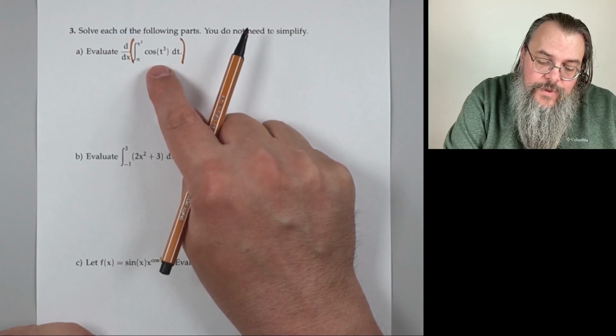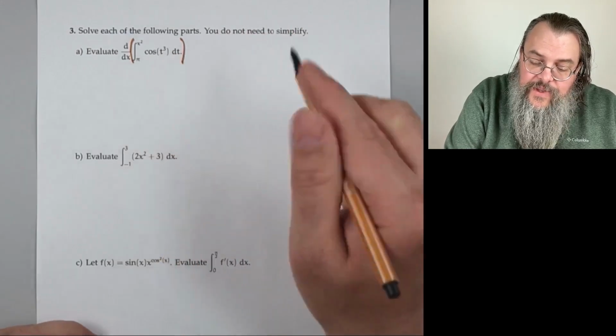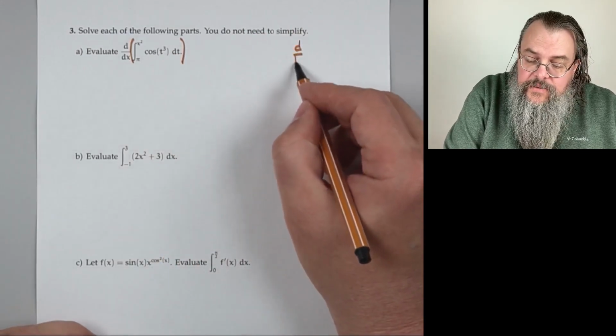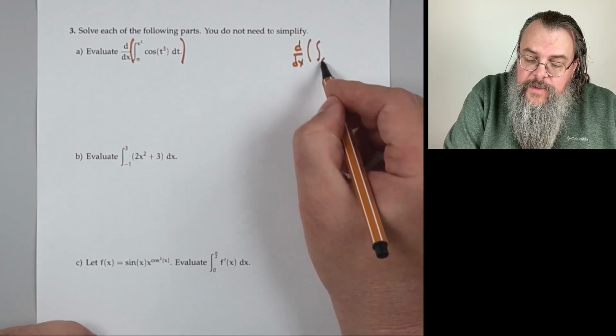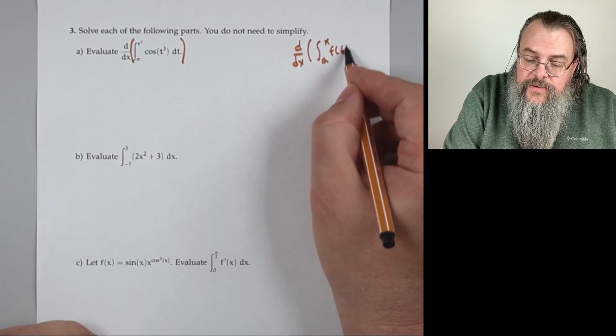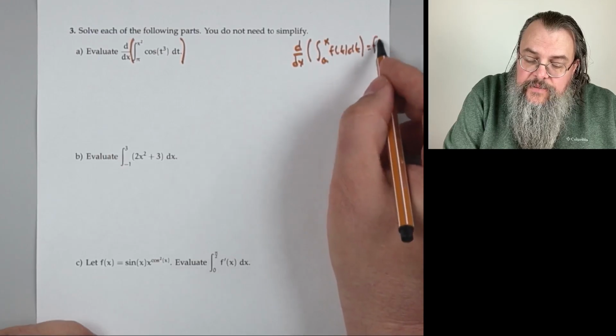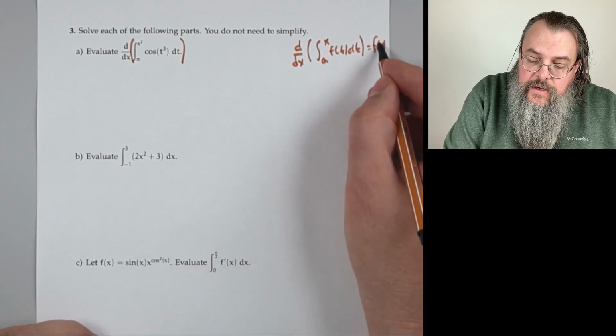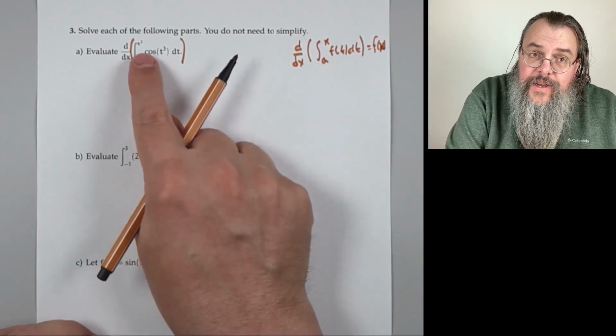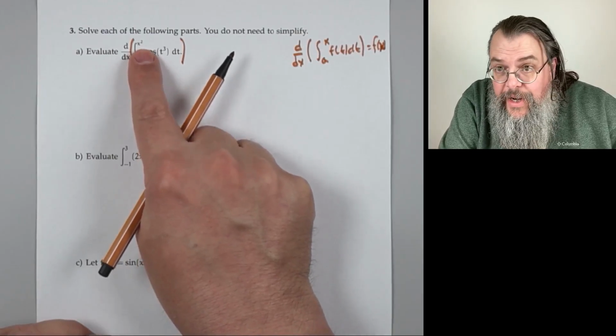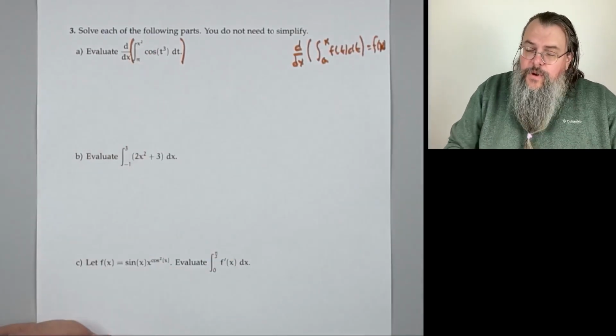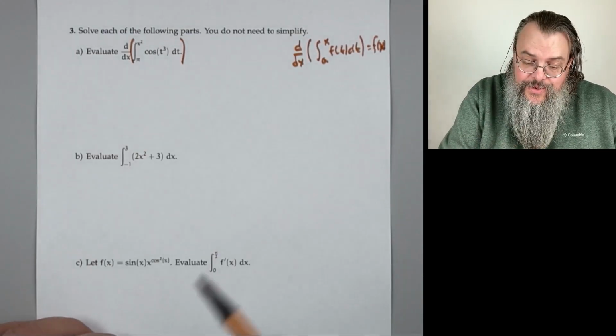Well, you don't, because there's this lovely fact that says the derivative of the integral from a to x of f of t dt is f of x. So, all right, oh, great. Well, the only thing is it's not x, it's x squared, but no worries, it's chain rule.